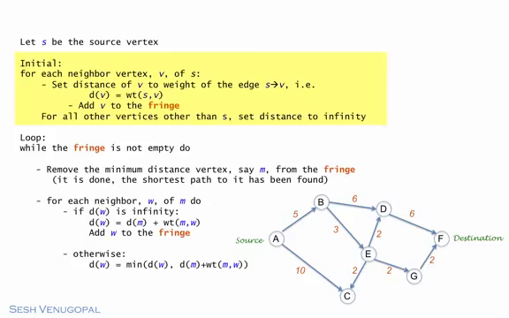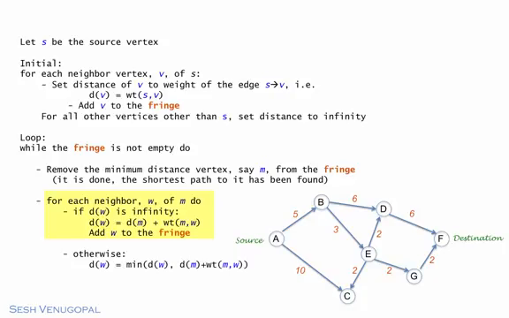And then we start up the loop and keep spinning it until the fringe becomes empty. In every iteration, we're going to remove the minimum distance vertex from the fringe. And when we do that, we know its shortest distance has been found. And that would be B in this case in the very first iteration.